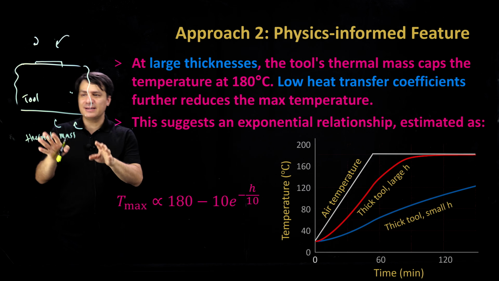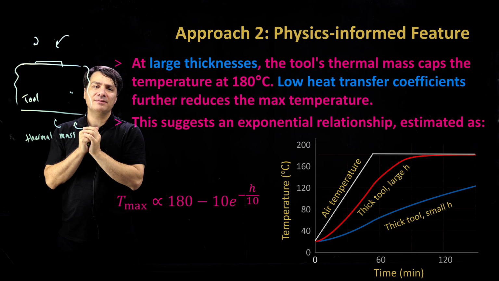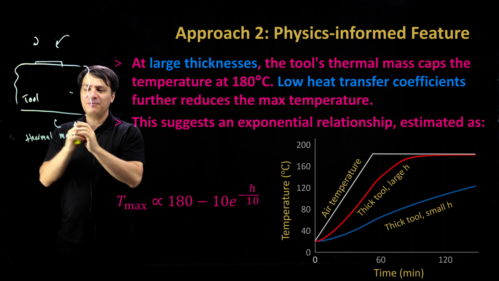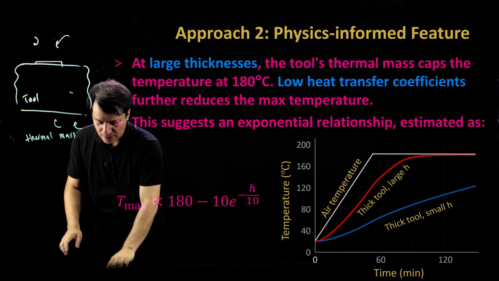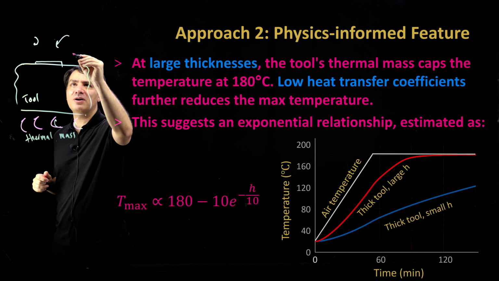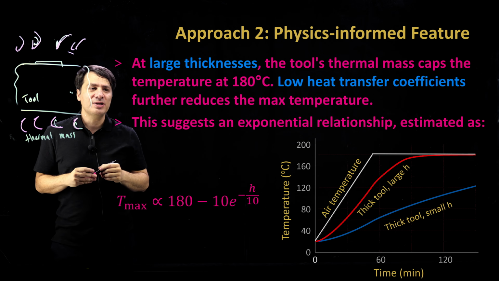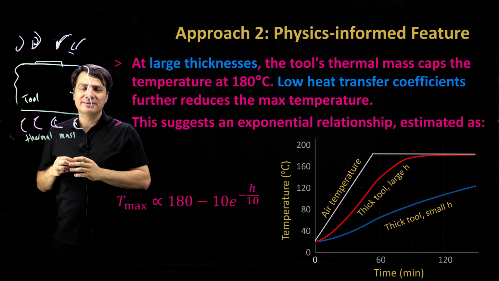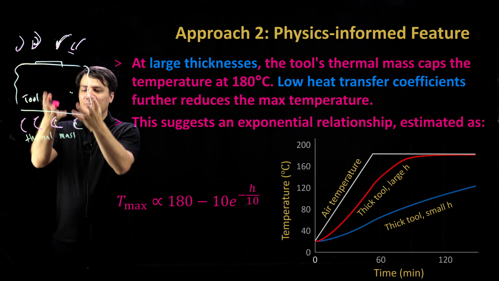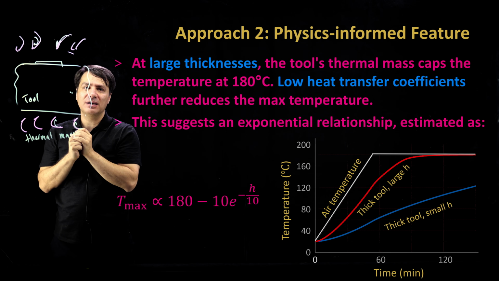But in a case like this, when you have a very thick tool, if you increase the transfer of energy around it, so let's say you increase the velocity a lot more versus a lot less, obviously it helps more as you add more of these airflows around the tool and part.